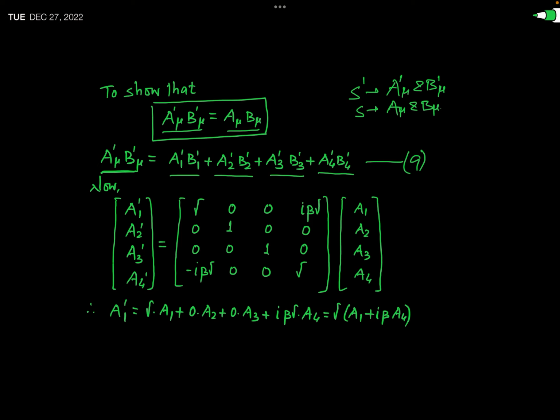So if we know the components in S frame, by using the Lorentz transformation equation you can easily find them. As you have learnt, if the column matrix A1, A2, A3, A4 represents the components of the 4 vector in S frame, and its components in S prime frame are represented by the column matrix A1 prime, A2 prime, A3 prime and A4 prime, then this matrix is equal to the product of the transformation matrix and this column matrix.